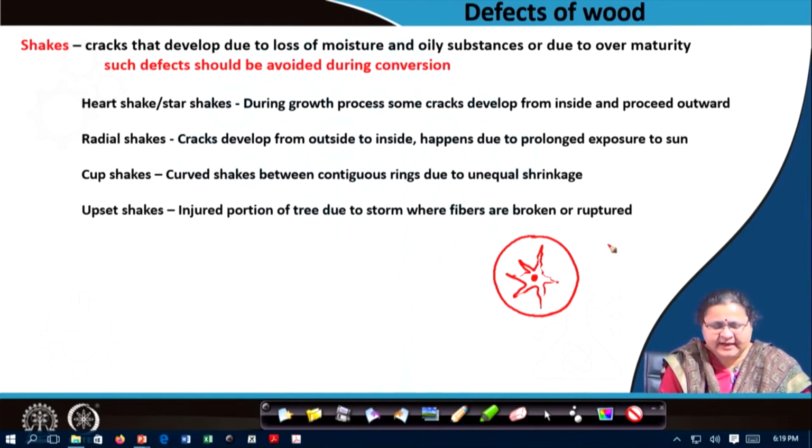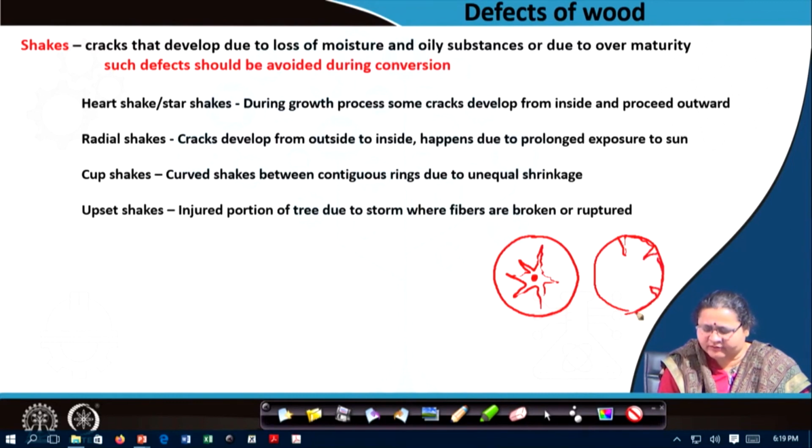Similarly, you can have star shakes, the same way, when the cracks are coming from outside to inside. This may be because of loss of moisture from the outside surface. You can see the cracks are from the outside and moving inward.